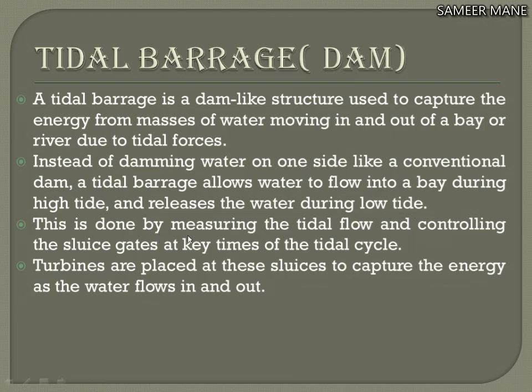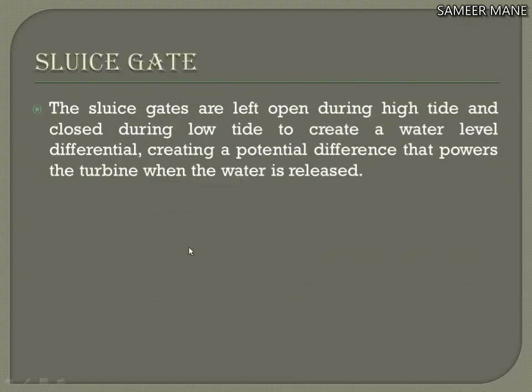This is done by measuring the tidal flow and controlling the sluice gates at key times of the tidal cycle. Turbines are placed at these sluices to capture the energy as the water flows in and out.